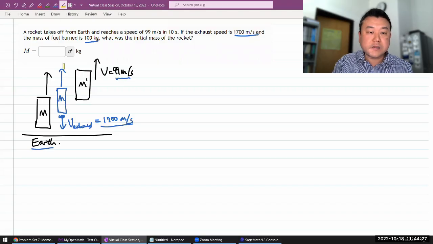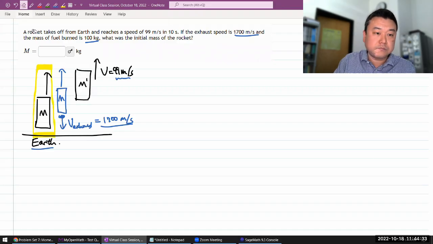So under this approximation, we can basically treat this as a conservation of momentum question, where this is my initial snapshot, rocket sitting on Earth, zero velocity, and my final snapshot will look like the remainder of the rocket is moving upward at that speed, and I have a downward thing.